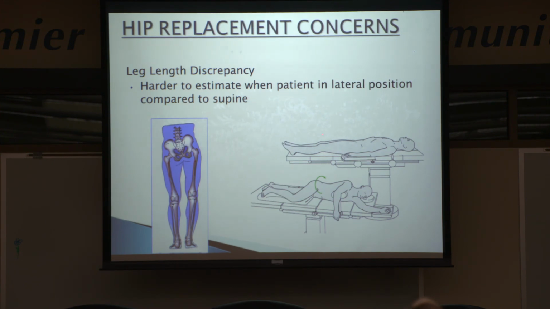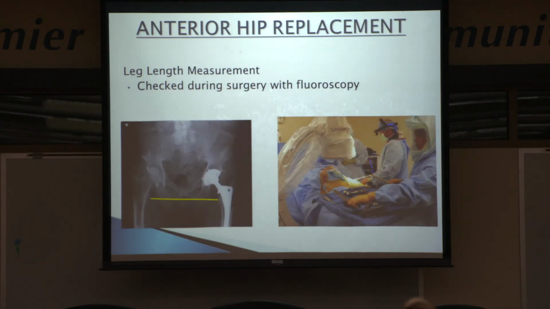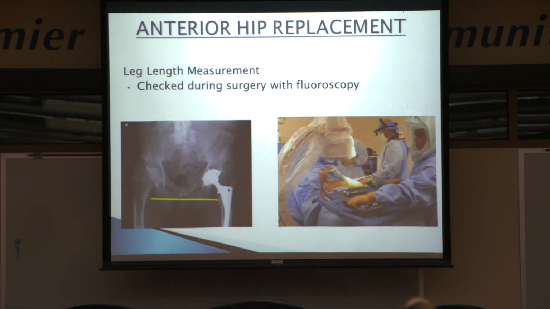If I do a hip replacement when someone is lying on their back, it's easier to measure things than if they're on their side. And if we're doing the hip replacement from the front, we typically have an x-ray machine there, so we can easily measure the leg lengths with the x-ray machine, and the patient is lying there flat, very symmetrical as opposed to on their side.